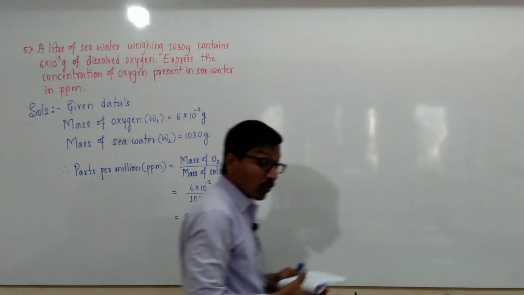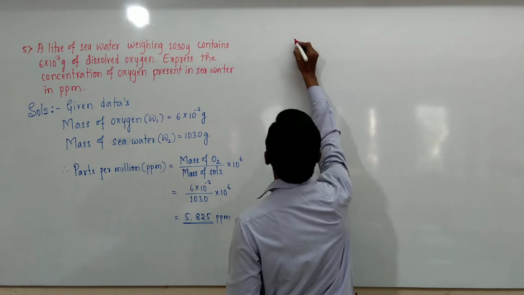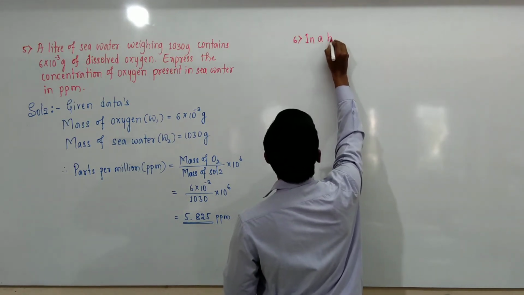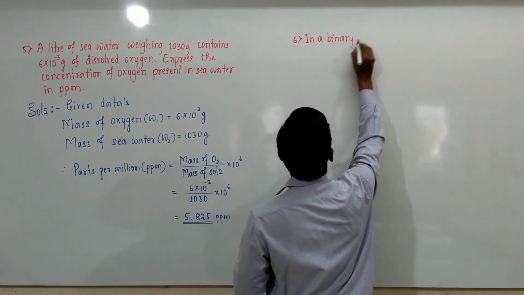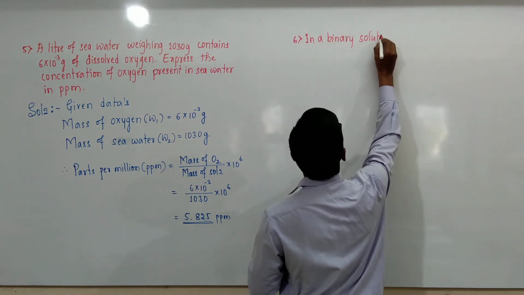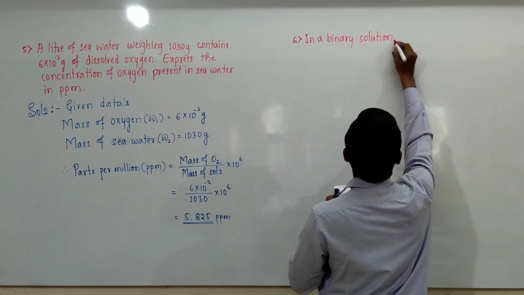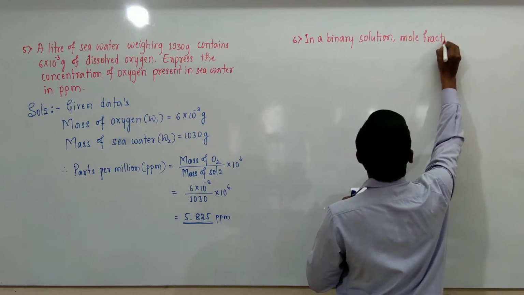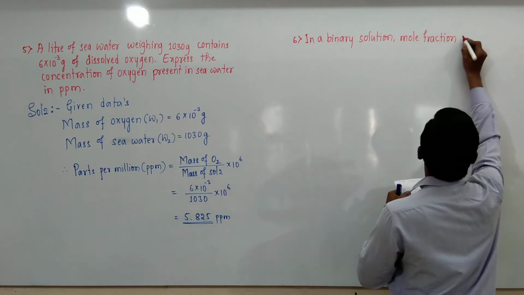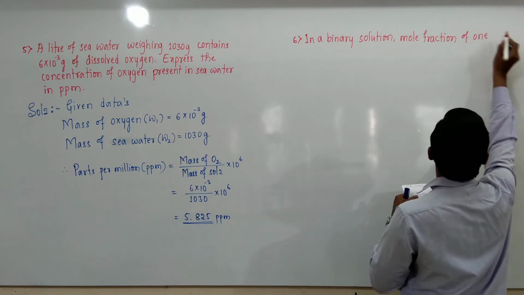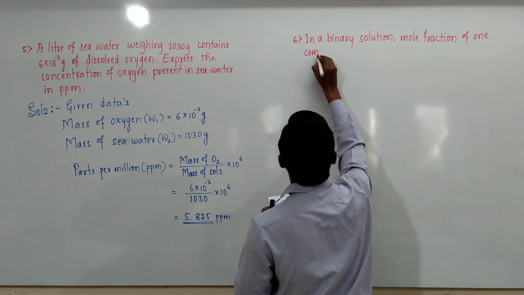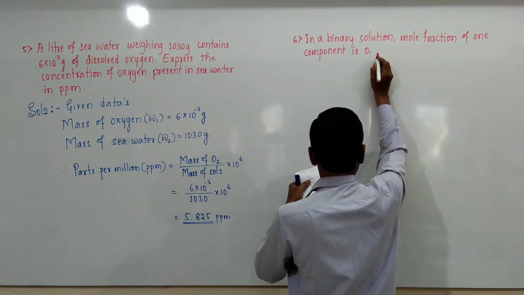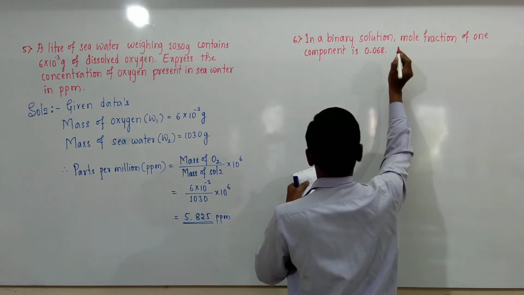Next is based on mole fractions. Sixth one: in a binary solution, the mole fraction of one component is 0.068.